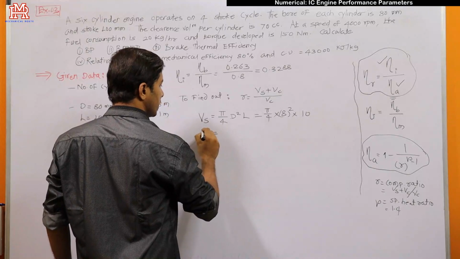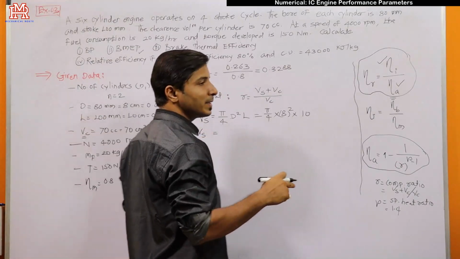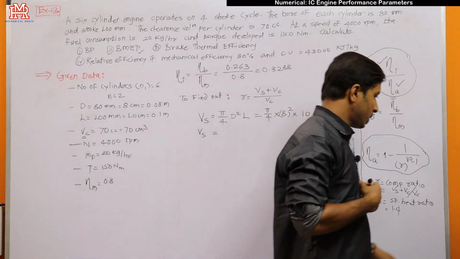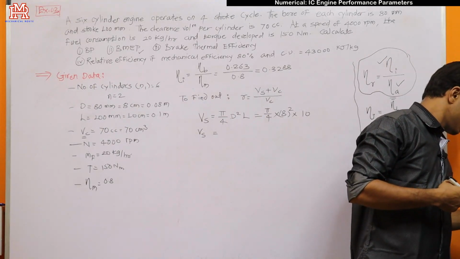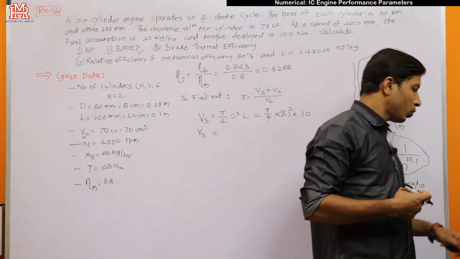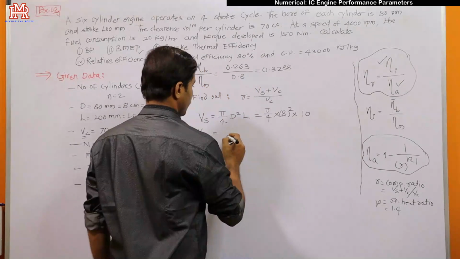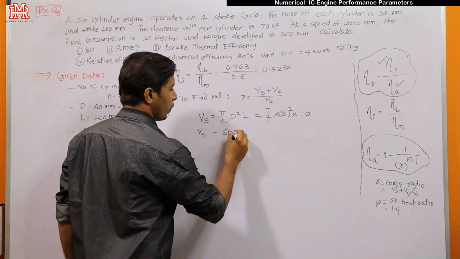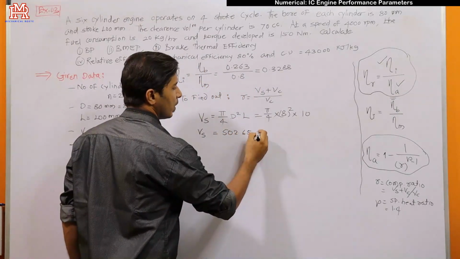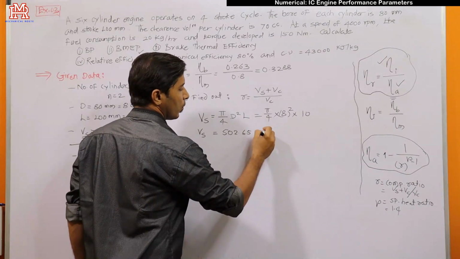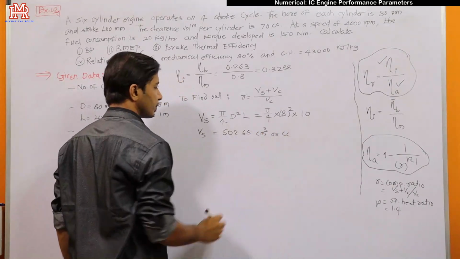Just simplify this, you will get this Vs in cubic centimeters: 502.65 cubic centimeters, or cc.